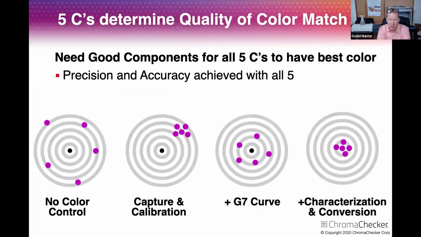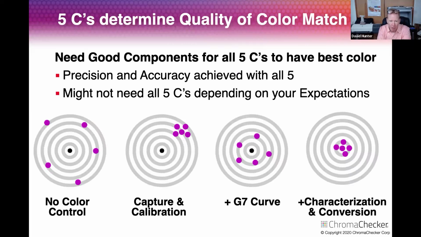And if we look at the 5 C's, precision and accuracy is key for all of these. So on the left side, we have no precision and no accuracy, no color control. Next, if we've implemented a measurement device and calibration tools, we have capturing and calibration, which means we're consistent, but we're not necessarily accurate, meaning my printer is consistent to itself, but it's not necessarily matching Grackle, which maybe all my other printers are matching.